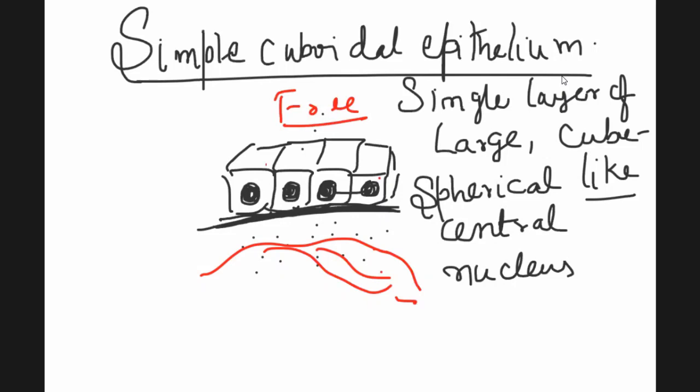So this is the free surface. On this free surface, sometimes cuboidal epithelium may have small cell membrane folds.